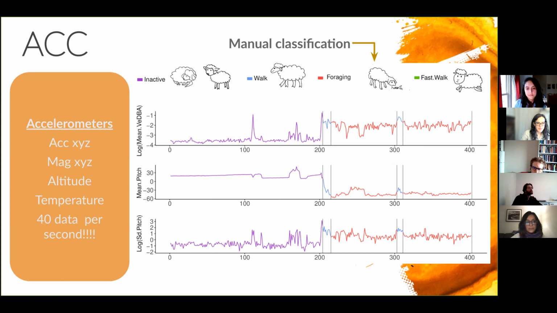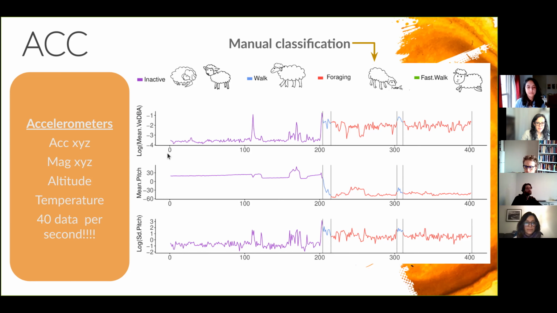And the last one is the standard deviation of the mean pitch. With different colors, we have different behaviors. For example, the violet one is when the sheep is inactive, which means the sheep is either sleeping, or maybe standing.